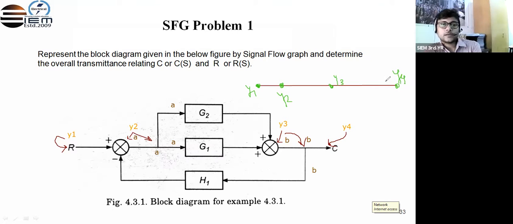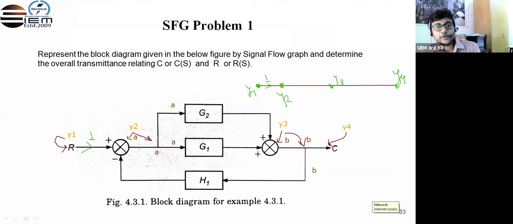Okay, now how will you draw from Y1 to Y2? Is there any value mentioned? That means this value is 1. So you write the direction like this and you write 1 here. Clear?